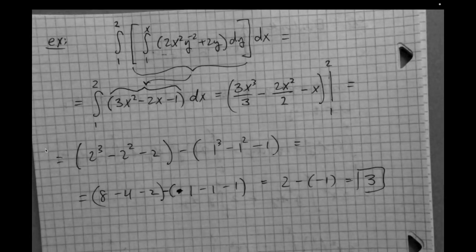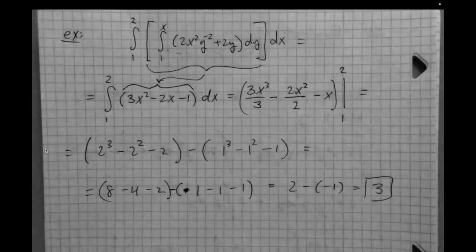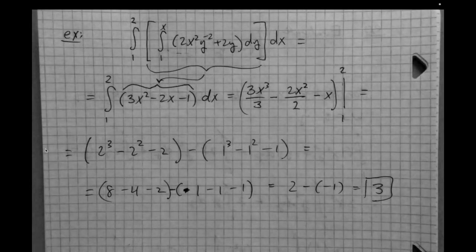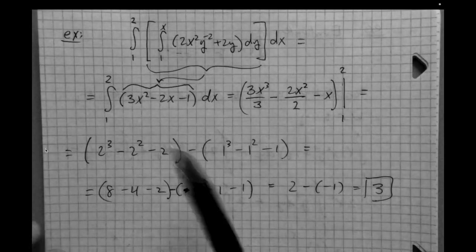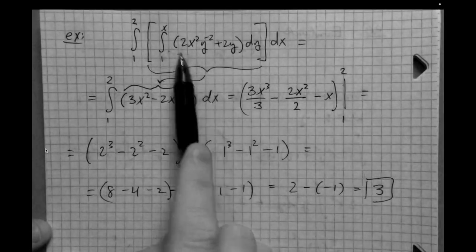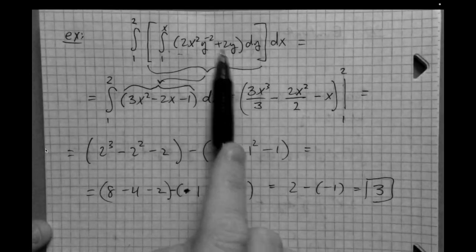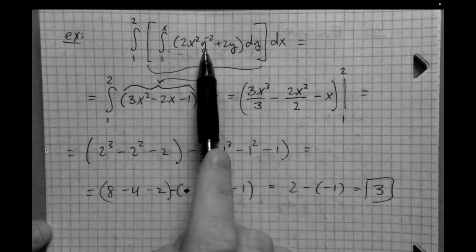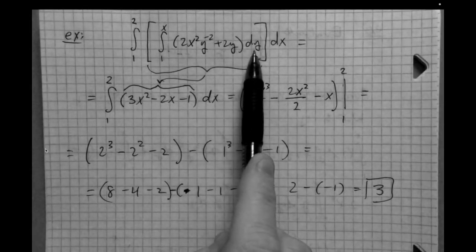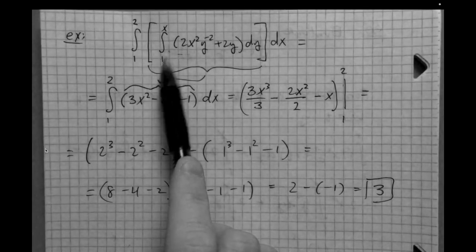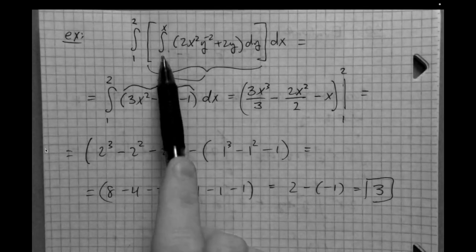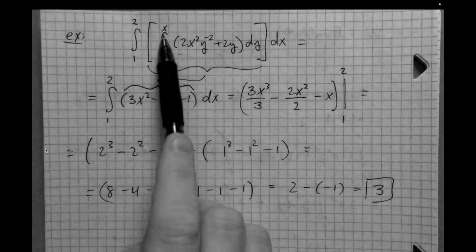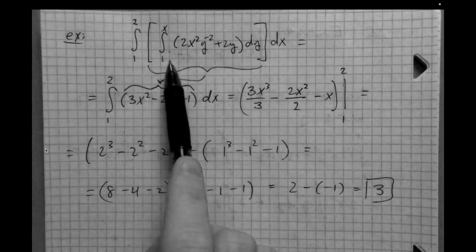Okay. So this is an example of an iterated integral, right? So you start with an integrand that has multiple variables in it. You integrate that piece of it with respect to one of the variables, and then you set your limits of integration as functions, in this case, of x.